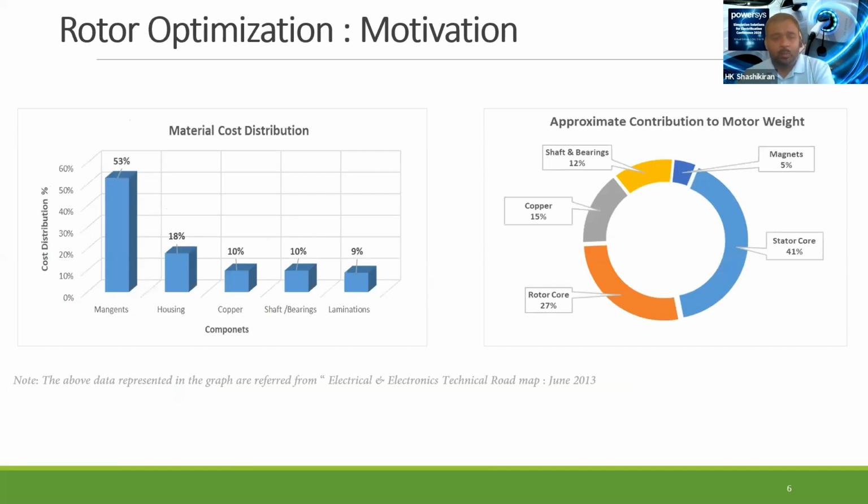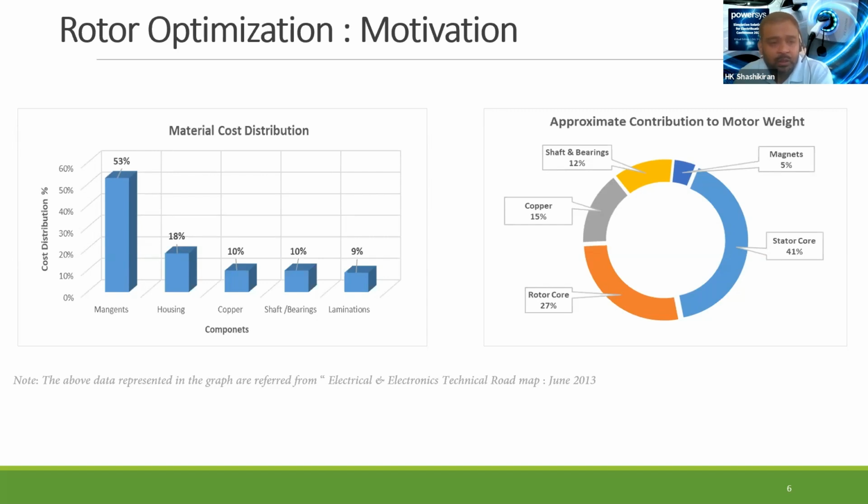So if I talk about the overall motivation, as this is the very first step, we decided to take one of the critical components of e-machines, and this slide explains why we took the rotor as the first component to get optimized. If you look at the bar chart, that is the reference IPM overall cost distribution of material. 53% of the cost is from the magnets, and the other things are the housing, copper, shaft, and laminations.